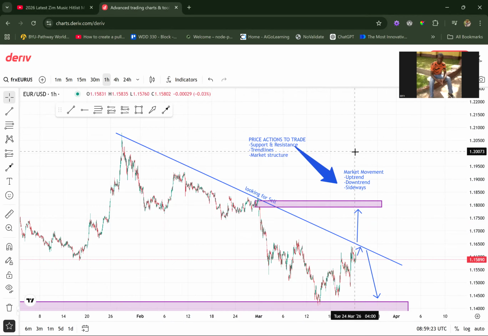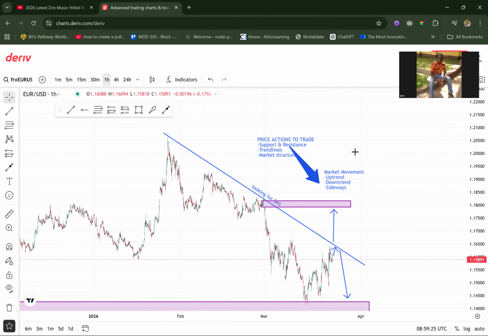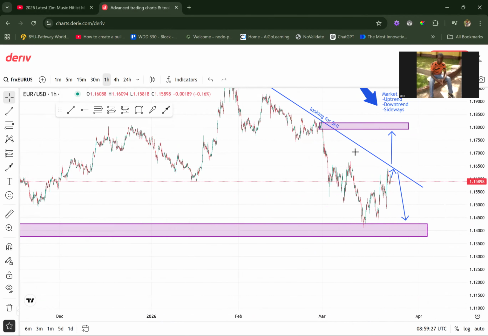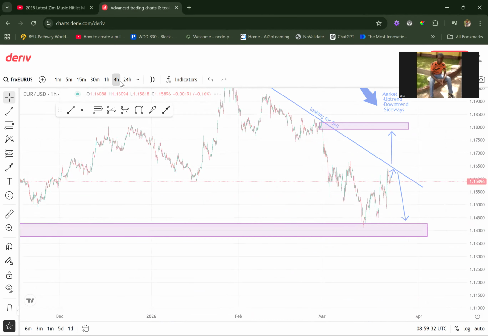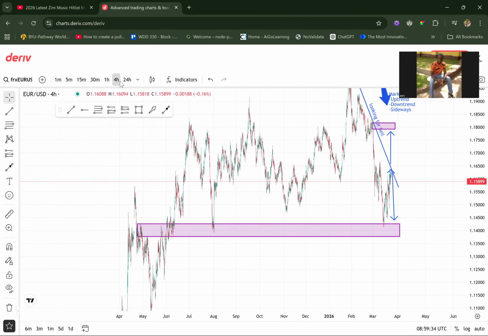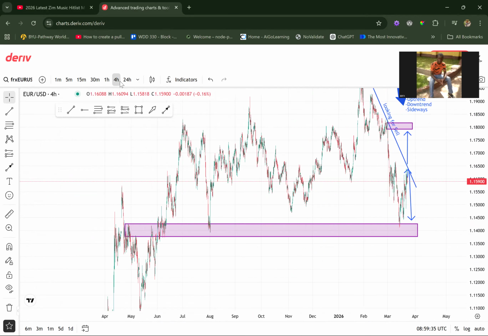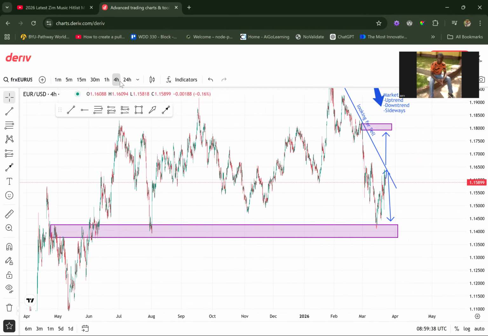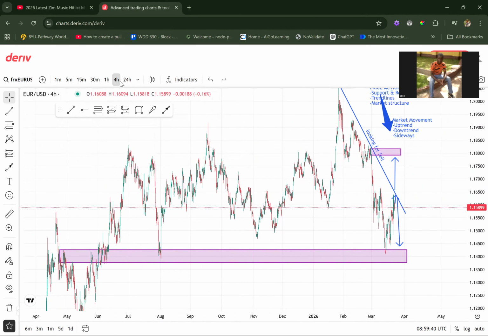If you are going to look for the opportunity to buy because of this support, now let me go to a higher time frame so that it will be clean. So we have this higher time frame, right?